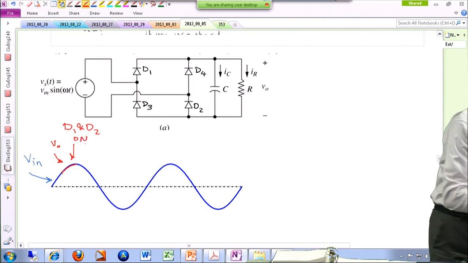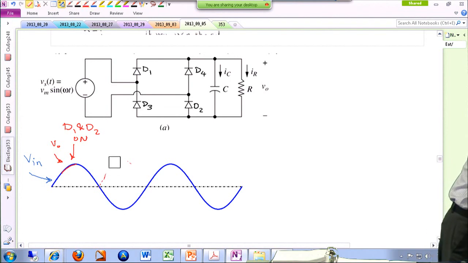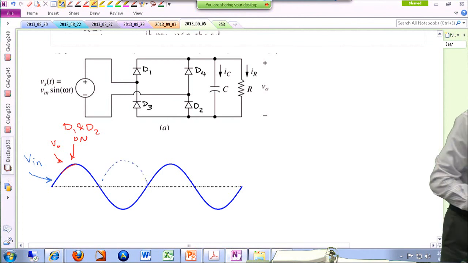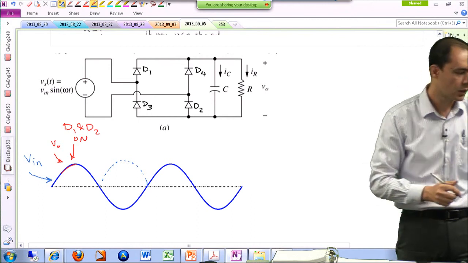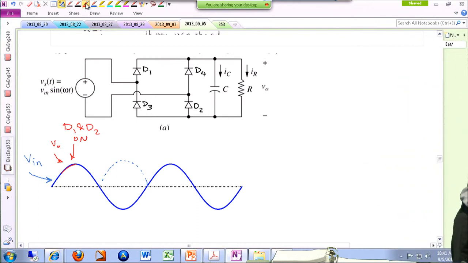Then when they turn off, let me erase this and write it in blue again. This is just my input voltage reversed. When the diodes turn off, I have an RC circuit going on over here, so it gets discharged.